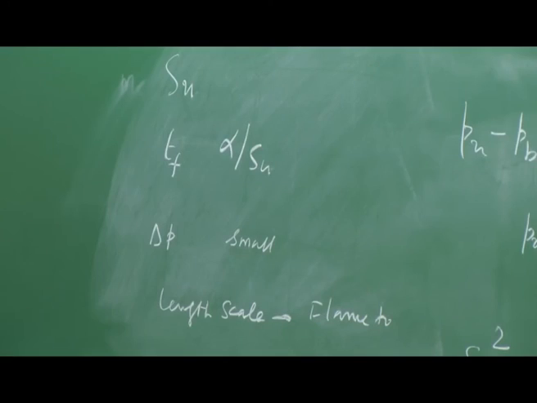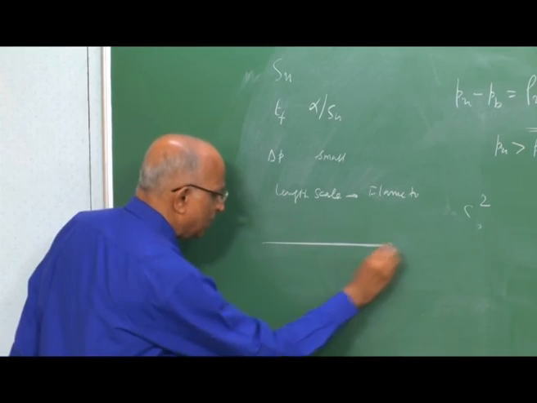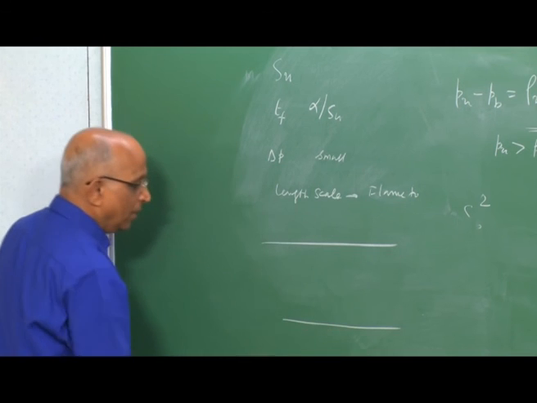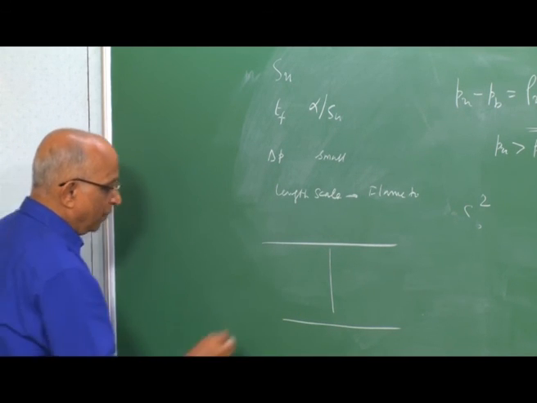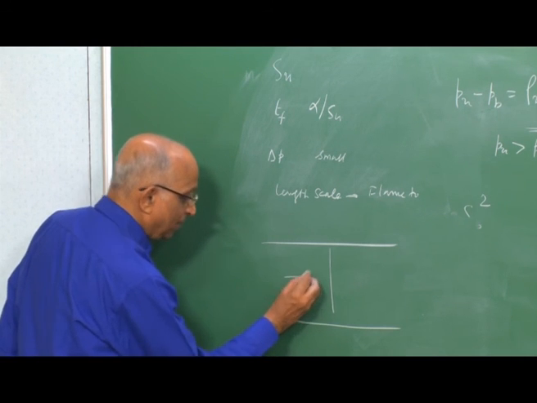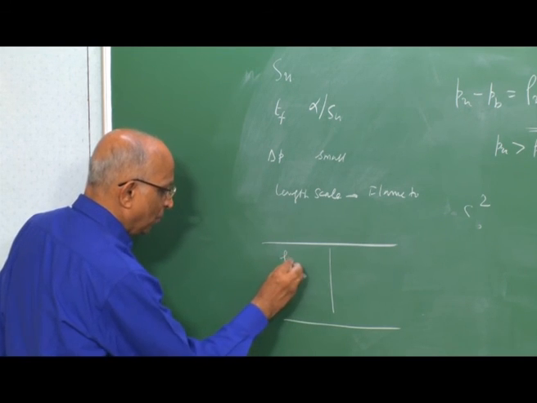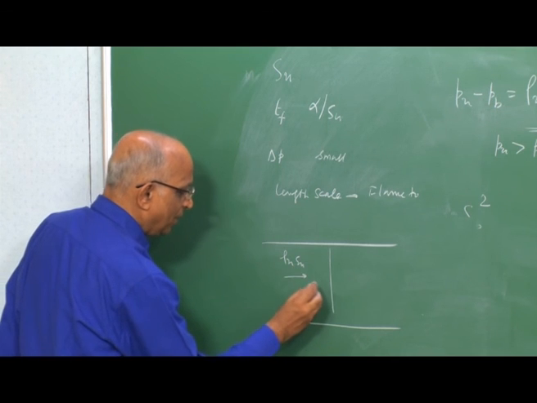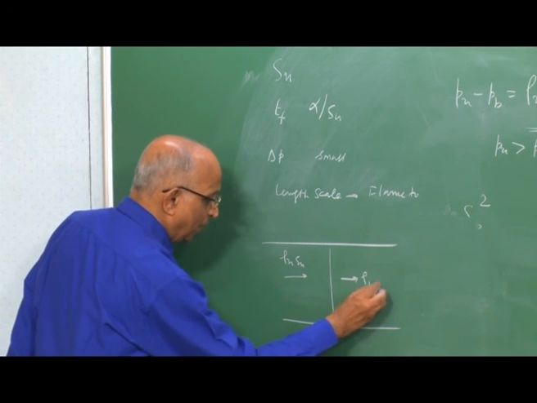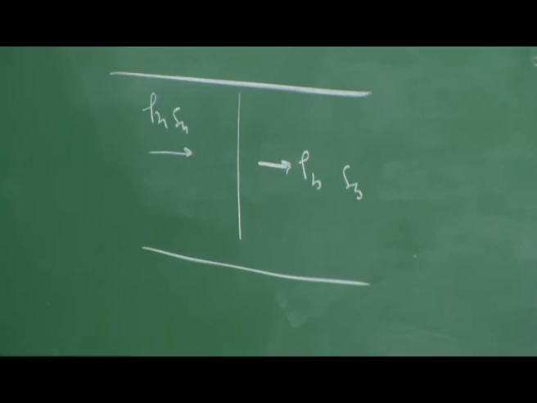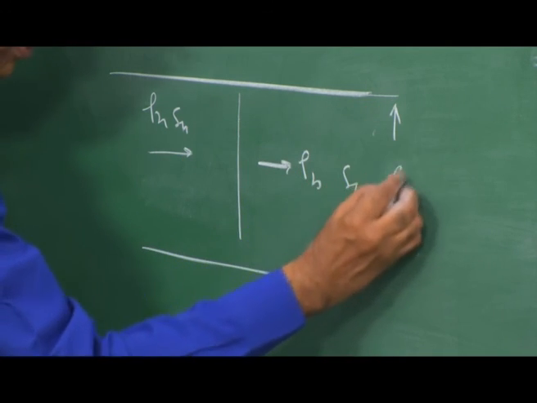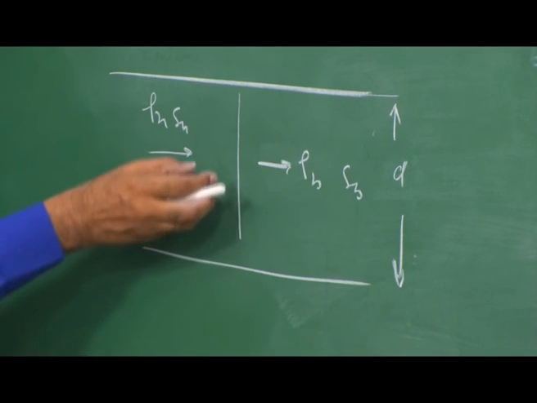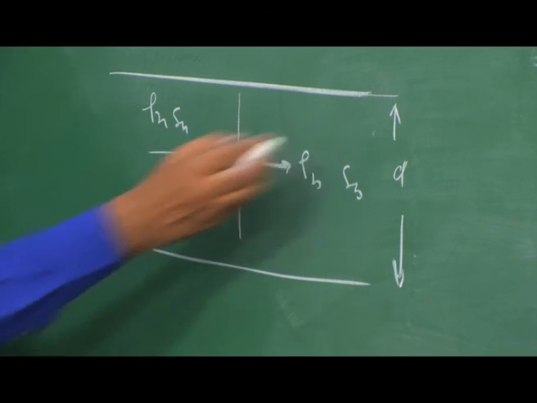Rather, let me formulate this. Supposing I have a pipe like this. Well, we know now, yes, I have a combustion front, into which I have, this is stationary, I have rho u, SU moving towards it, I have rho b moving at a speed SB behind it. Is there a specific dimension d beyond which I cannot allow my flame to propagate?